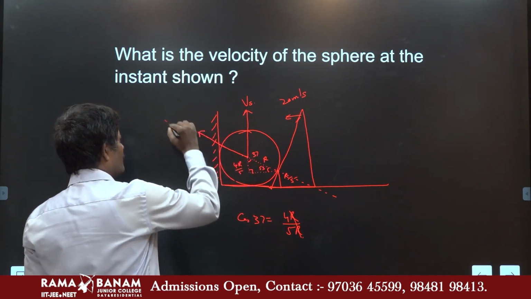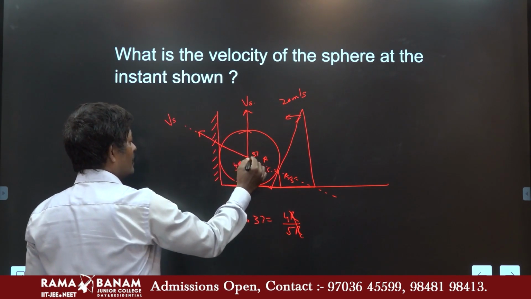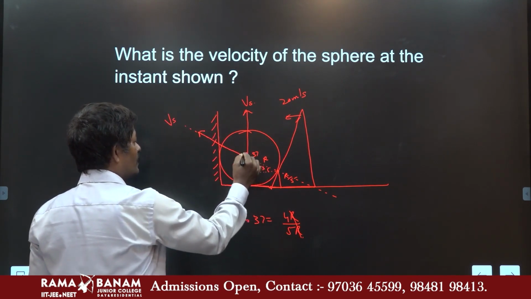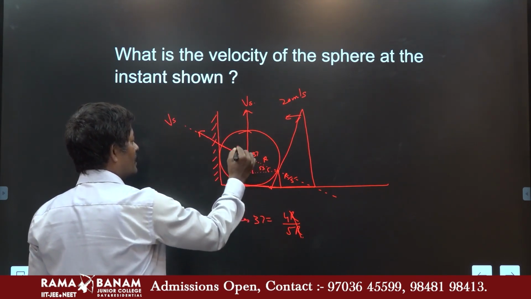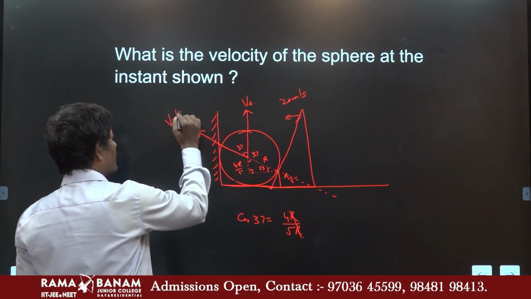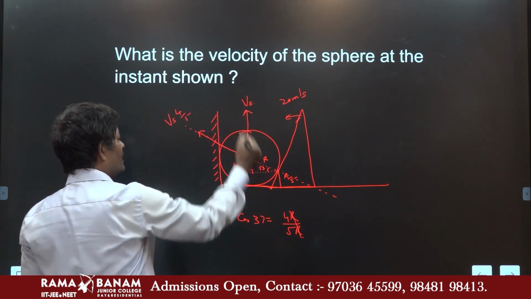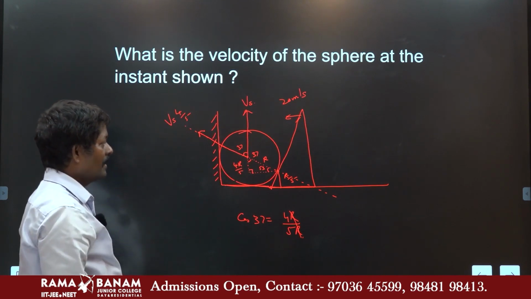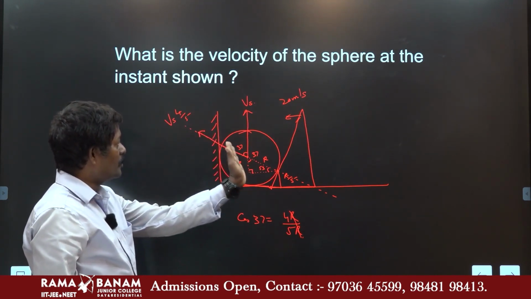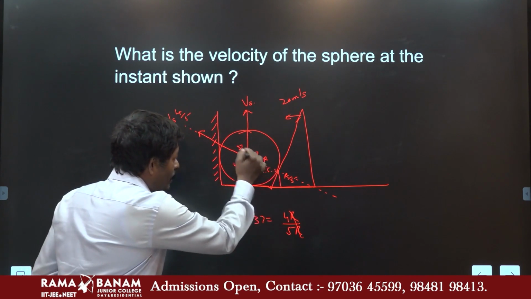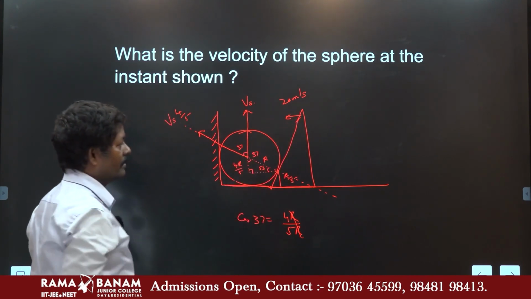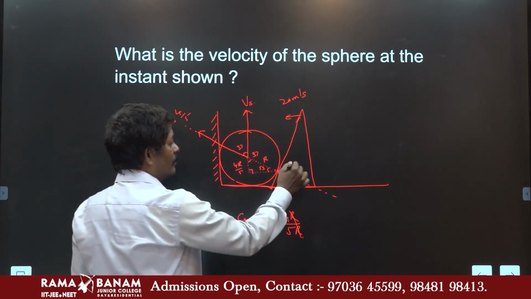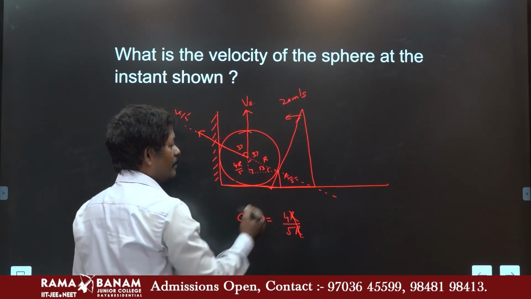Let us see. Vs cos of, this is opposite angles, 37 means this is 37, cos 37 means 4 by 5. Vs cos 37. That is the velocity of the sphere perpendicular to the surface of contact. And what is the velocity of the wedge perpendicular to that?